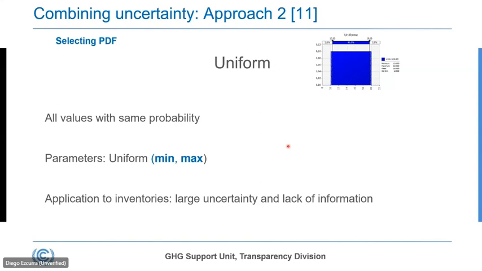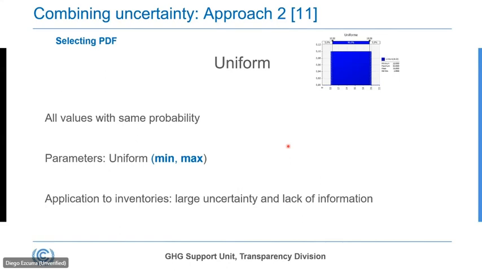So if you only have the range where the variable is, and that's all the information you have, you may use this function. The good practice or the suggestion is to try not to, and instead of using this function, try to investigate a little deeper into the variable to see if at least you can have some sense of where the most likely value is.